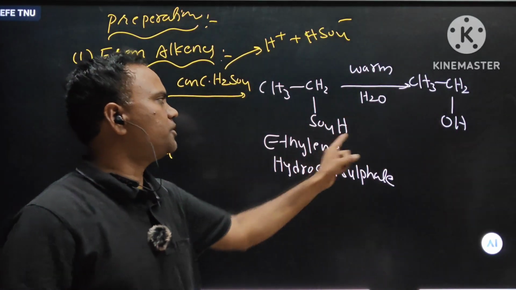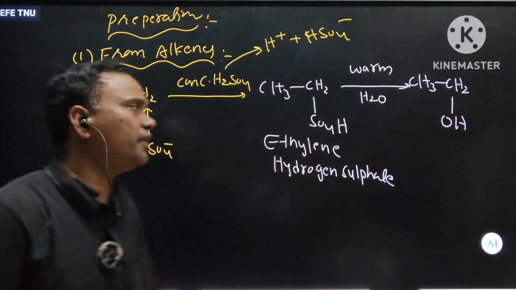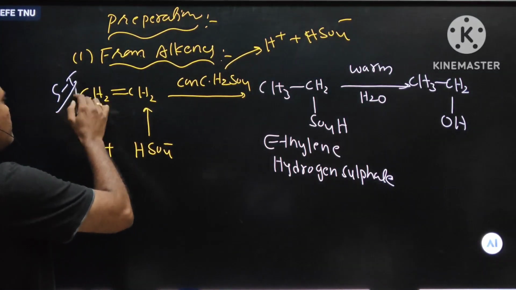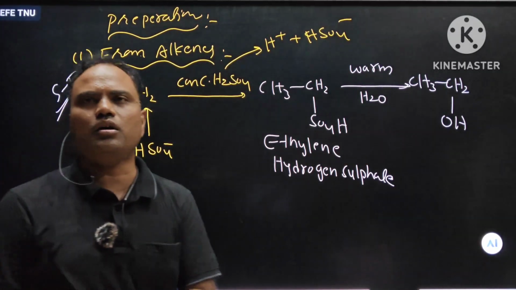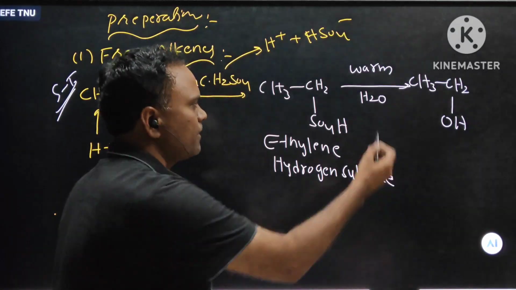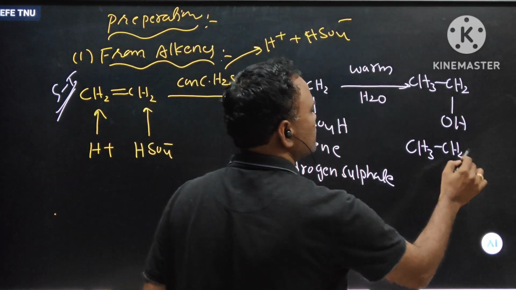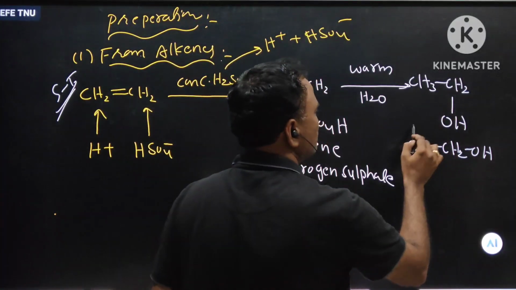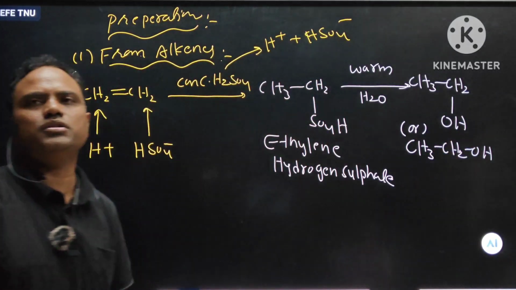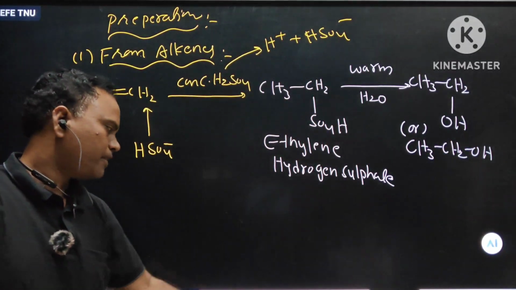This total group will be removed and OH will be added. You can consider it as step 1. In step 1, we will get alcohol, not ether. You can write it like this: CH3, CH2, OH. Both are the same, right? Ethanol. In the first step, ethanol is formed.